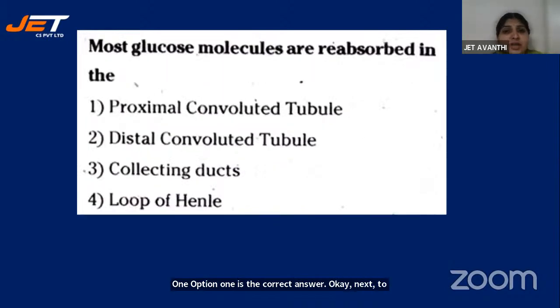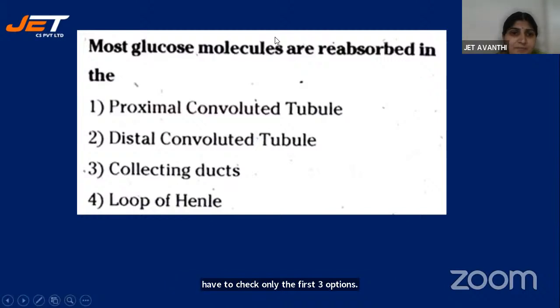Most glucose molecules are reabsorbed in which part of the nephron? PCT, DCT, collecting duct, or loop of Henle? You can go for the fourth option as odd one out, because loop of Henle does not have any reabsorption. It just passes the filtrate from PCT to DCT. So check only the first three options.